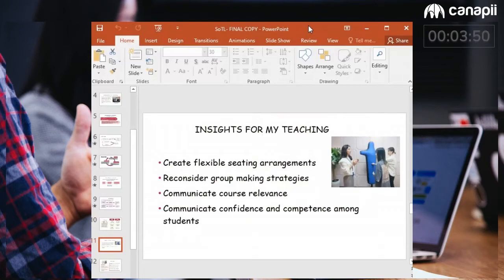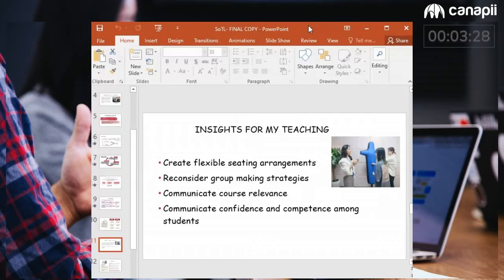Now, what are the insights of these findings for my teaching and learning in the SoTL project? I think one thing I have learned in the last 1 year at this campus in China is that I need to create flexible seating arrangements so that I can overcome the barriers that students have mentioned in our findings.